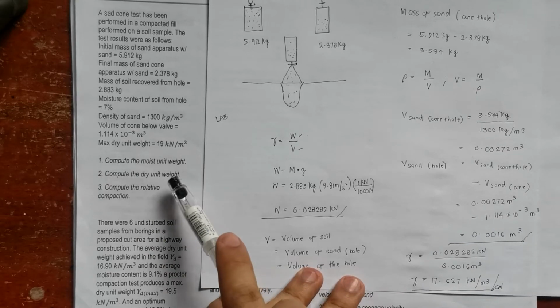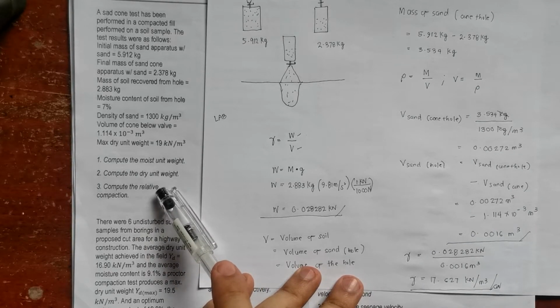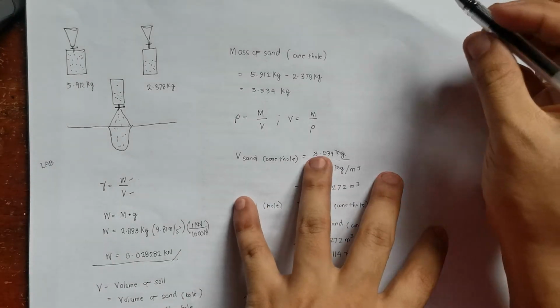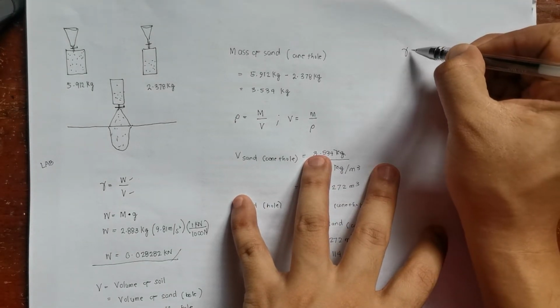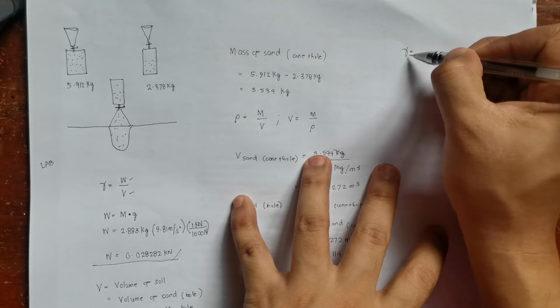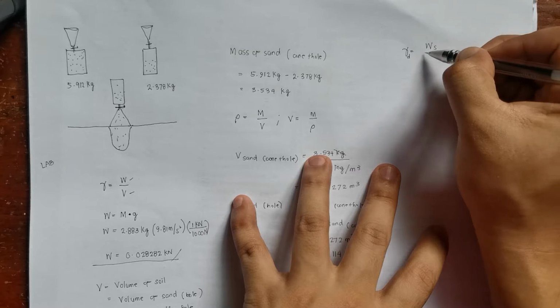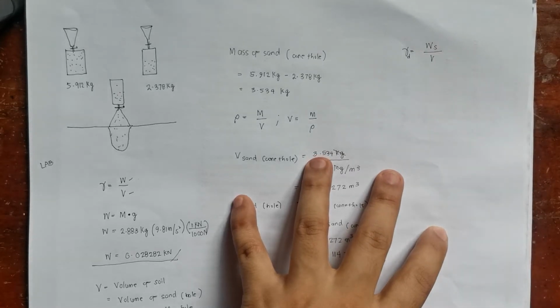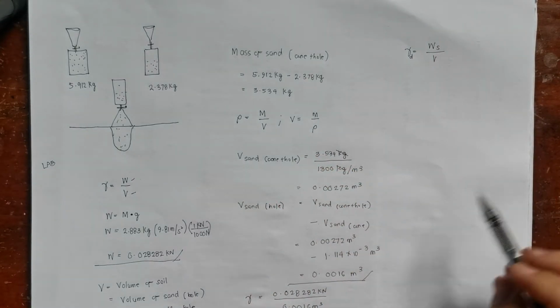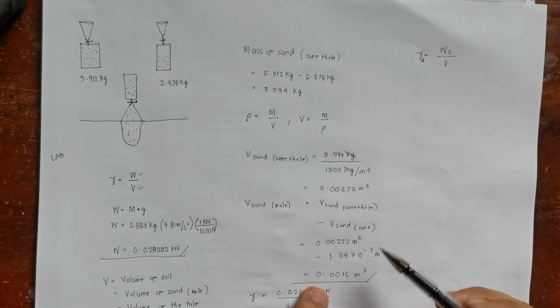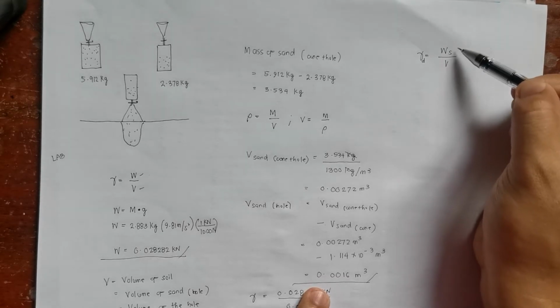Our second requirement is to compute the dry unit weight of the soil. Again, to compute that, the formula of dry unit weight is from our first topic, soil properties. The dry unit weight of the soil is the ratio of the weight of soil particles with respect to the total volume of the excavated soil. We already have the volume of the excavated soil. The problem is the weight of dry soil.